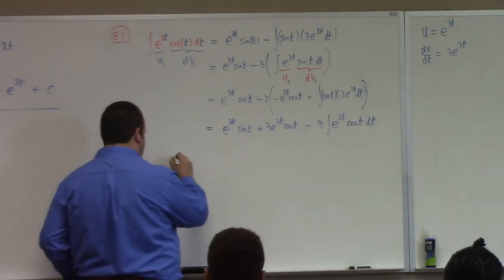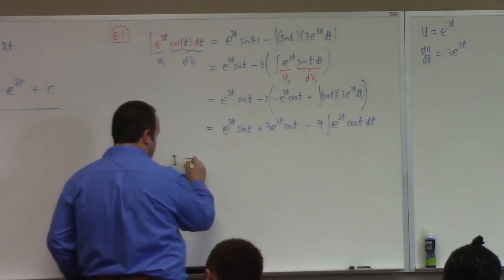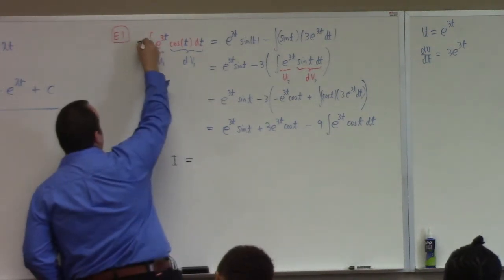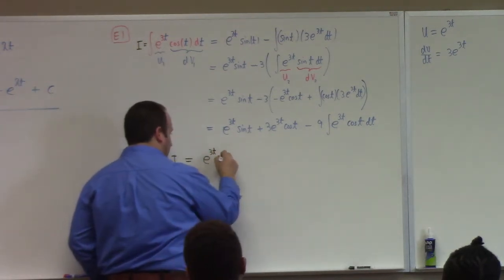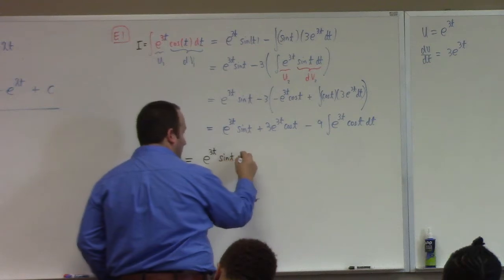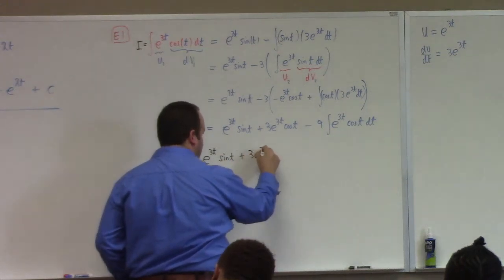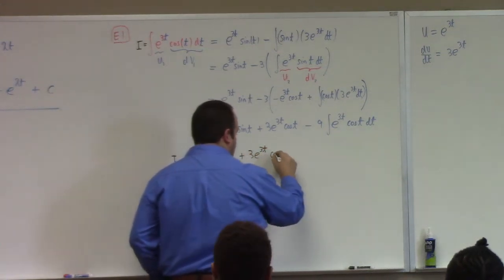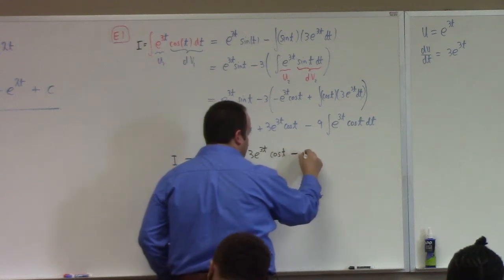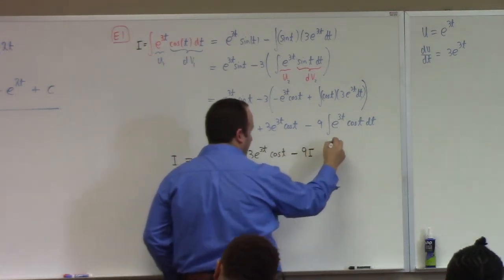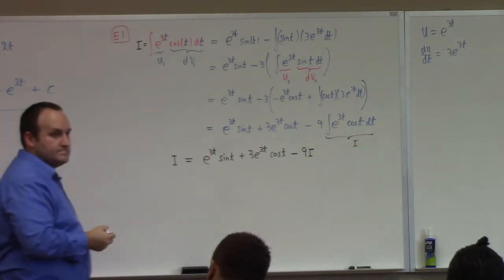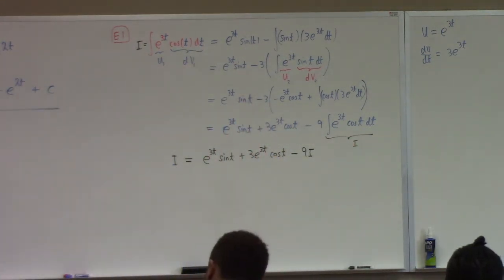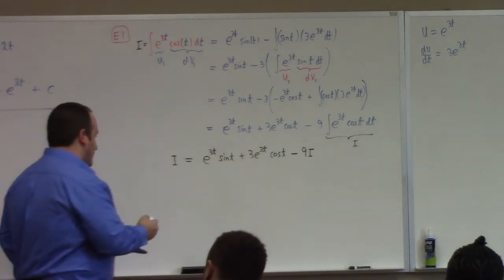So I is equal to, this is I, equal to e to the 3t sine t plus 3 e to the 3t cosine t, right, minus 9I. This is I. So we add 9I to both sides, right?